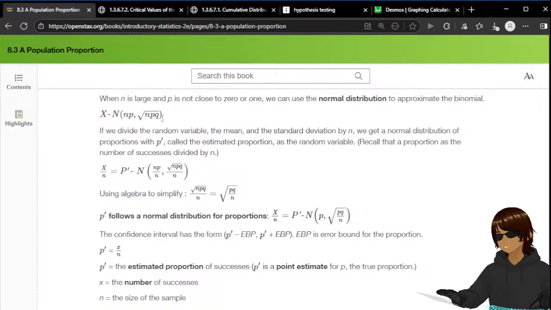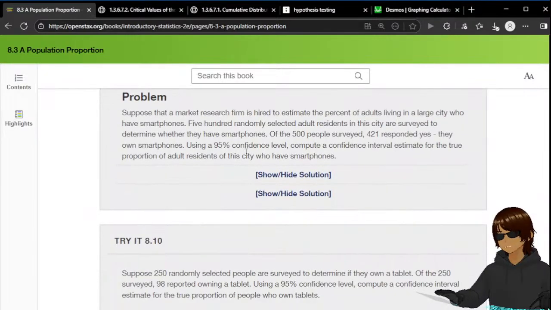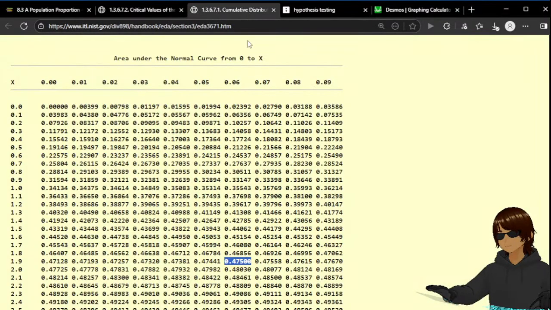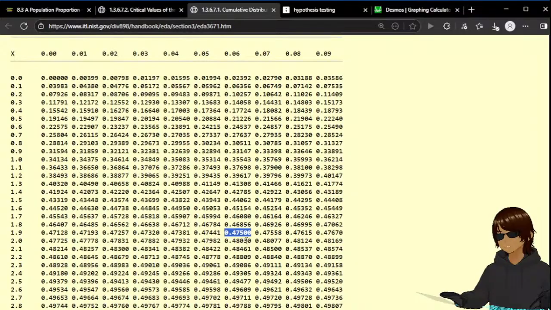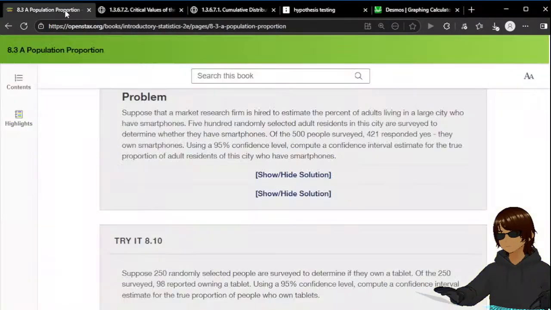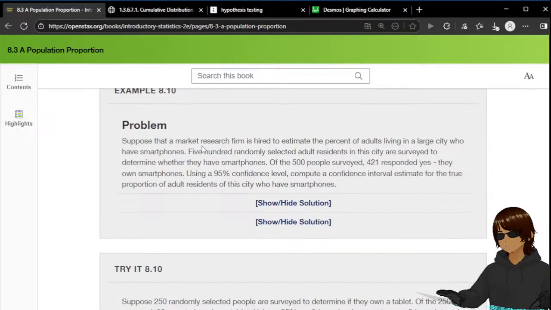NP root NP. And they said 95% confidence interval, right? 95%. Is this right? 1.96.